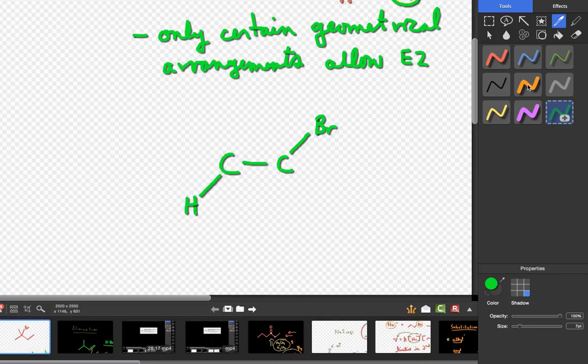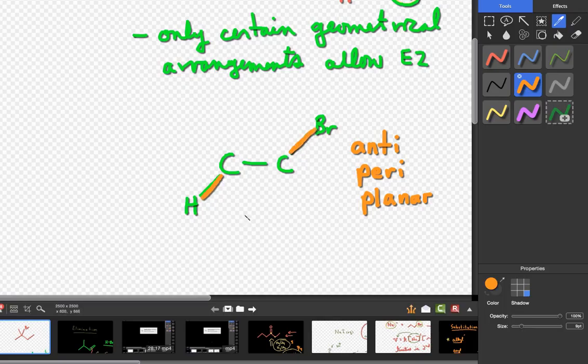So this arrangement is better known as anti-periplanar, meaning in the same plane. Now the bond angle, as I've drawn it, appears to be 180 degrees.